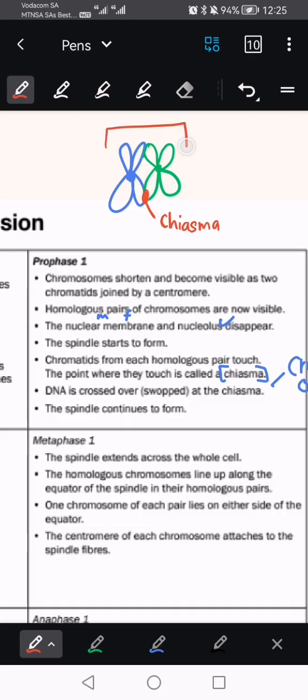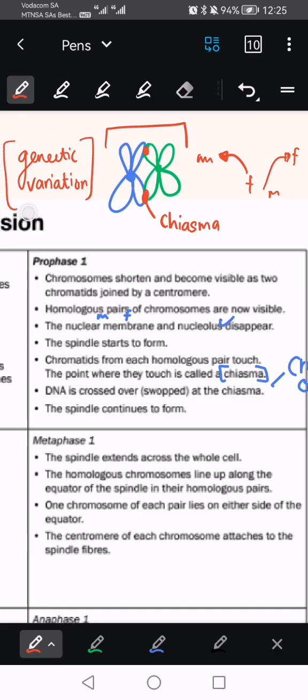This is a homologous chromosome pair because you have maternal and paternal. What is happening at the diastema is the exchange of genes. A set of genes is going to the mother from the father, and a set of genes is going to the father from the mother. This is to ensure genetic variation. This is to ensure that offspring are genetically different, to ensure the survival of offspring, and to ensure that natural selection takes place.